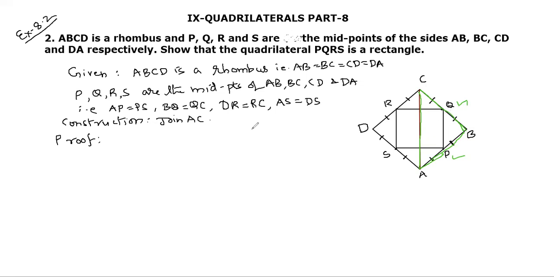So PQ by the midpoint theorem. In which triangle are we taking it? This green one, in triangle ABC.